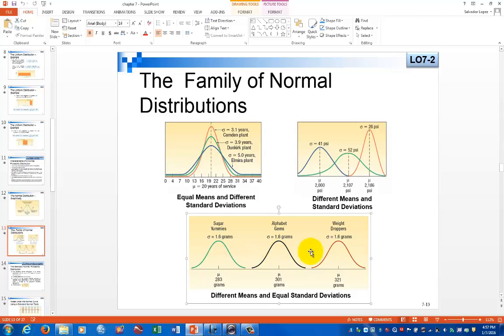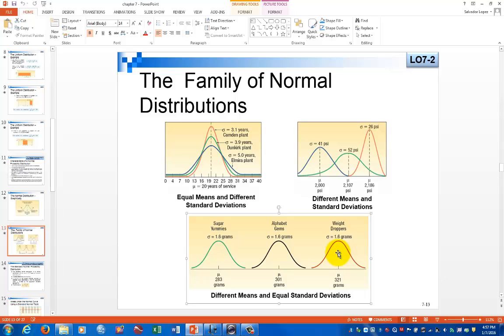And finally, here at the bottom, you have three normal distributions that have the same standard deviation. All of them have the same shape. However, they have different means, 283, 301, 321.